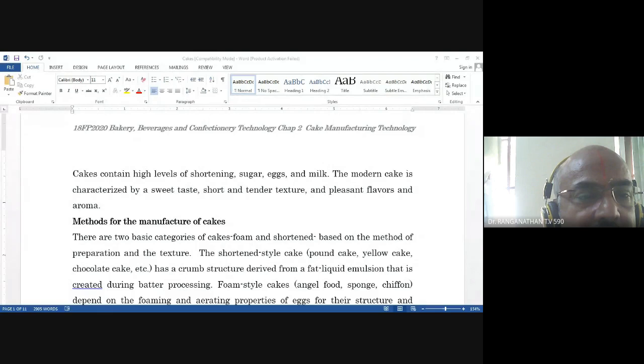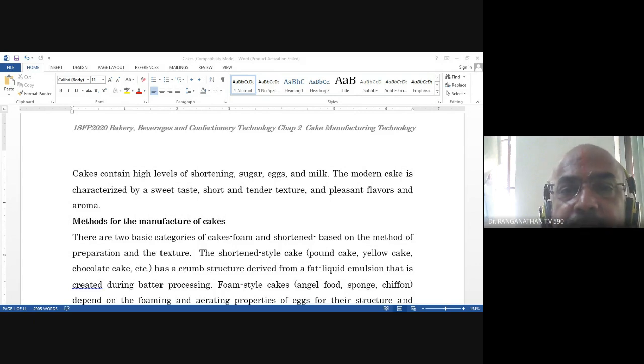How do you describe a cake? Spongy texture. Okay, so we have a spongy texture. That again is because of, as I already told you, a higher fat content and a higher sugar content.